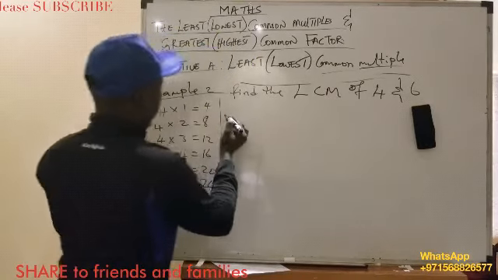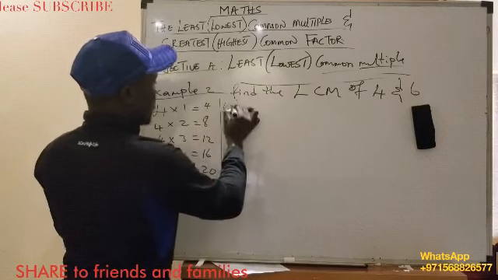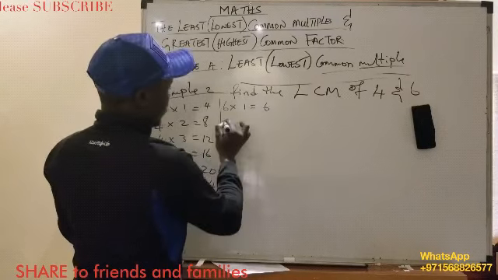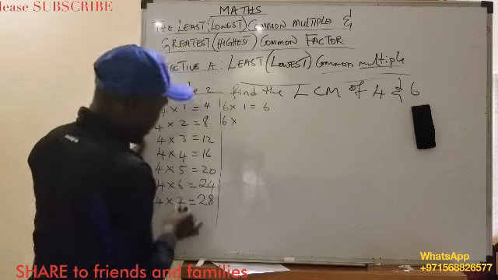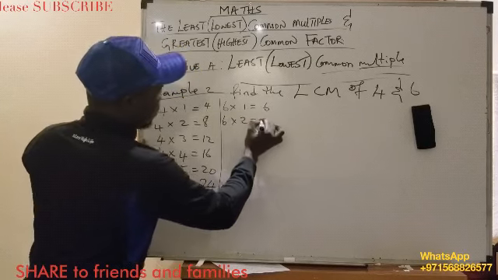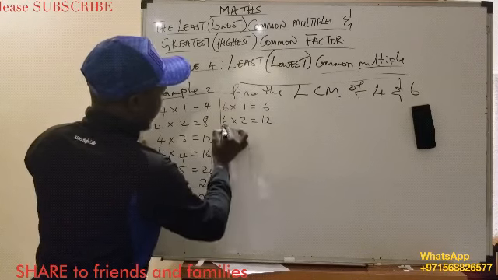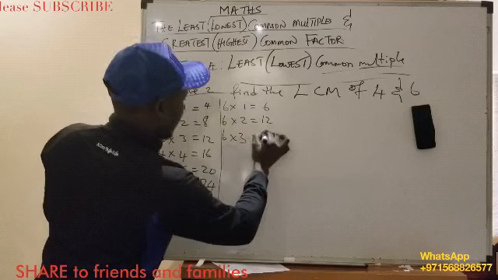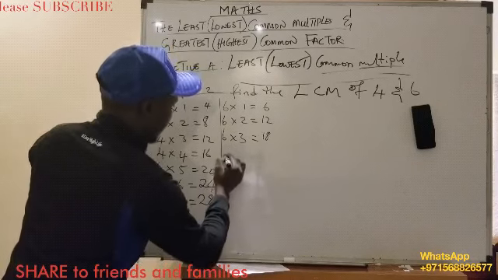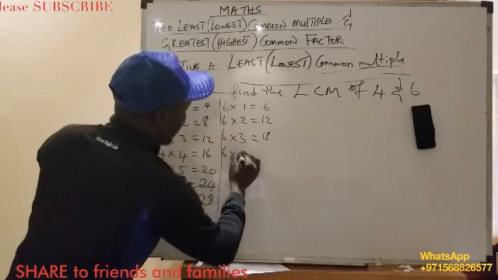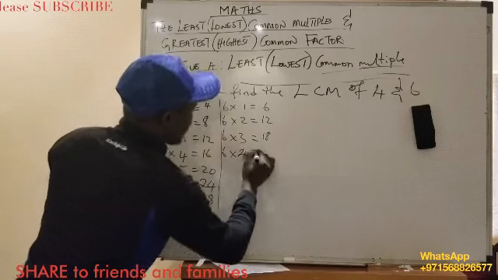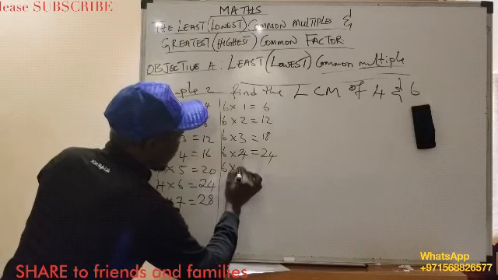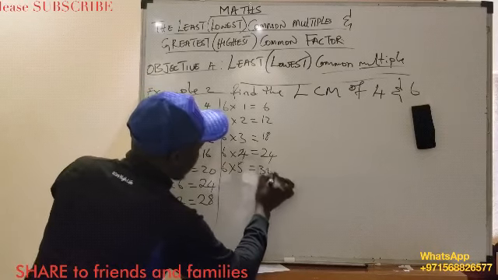We'll now take 6. 6 multiplied by 1 will give us 6. 6 multiplied by 2 will give us 12. 6 multiplied by 3 will give us 18. 6 multiplied by 4 will give us 24. 6 multiplied by 5 will give us 30.